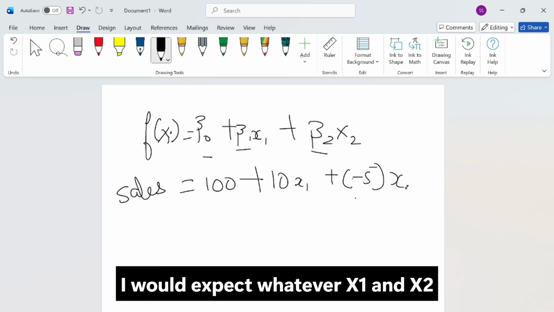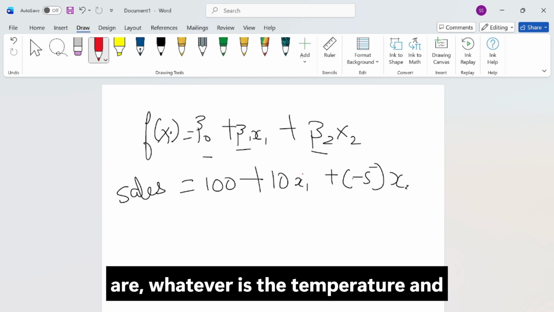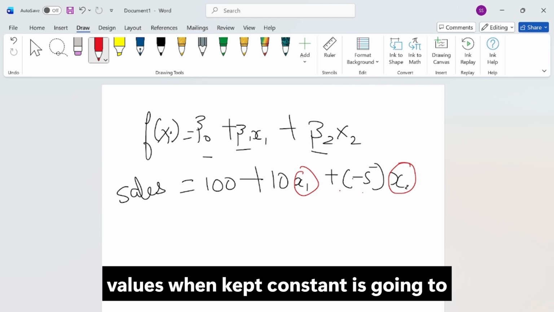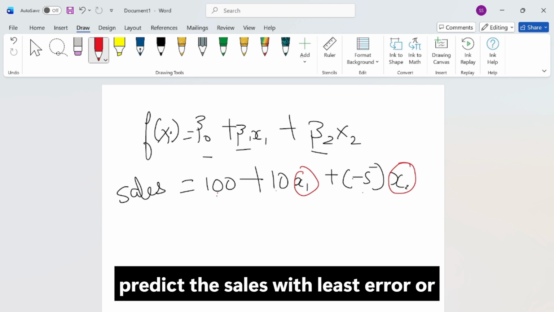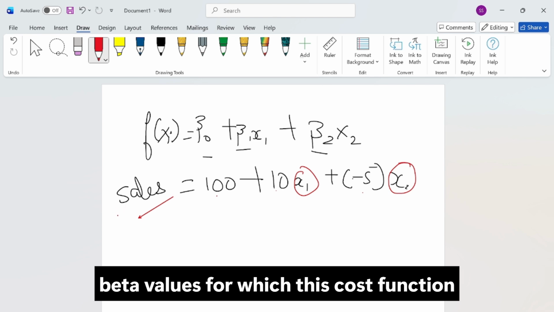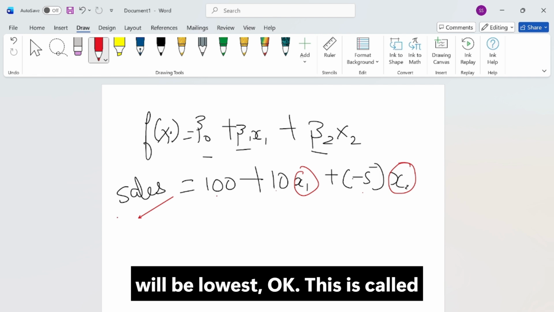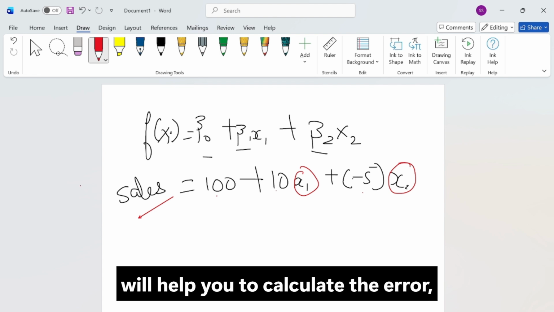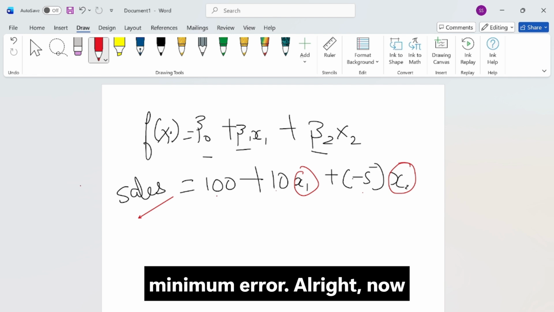So I would expect whatever x1 and x2 are, whatever the temperature and whatever the rainfall, okay, these values when kept constant are going to predict the sales with least error or minimum error, right? So getting some beta values for which this cost function will be lowest. Okay, this is called a cost function, the one which will help you to calculate the minimum error.